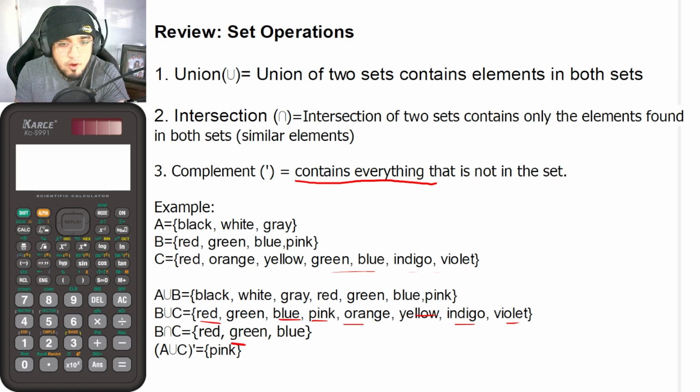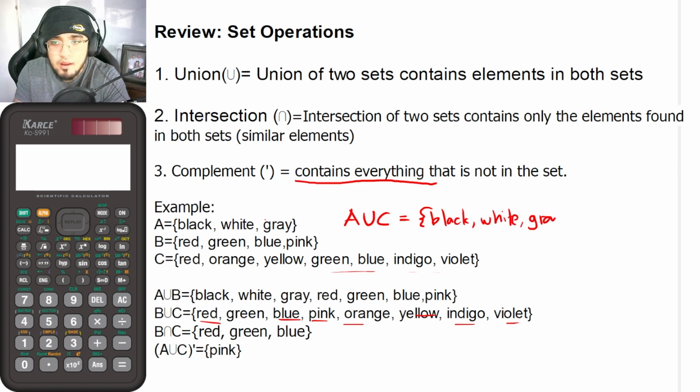In our fourth example, we would first get the union between A and C. So we will write everything found in A and C: black, white, gray, and the ROYGBIV colors, red, orange, yellow, green, blue, indigo, and violet. So that is the union between A and C.